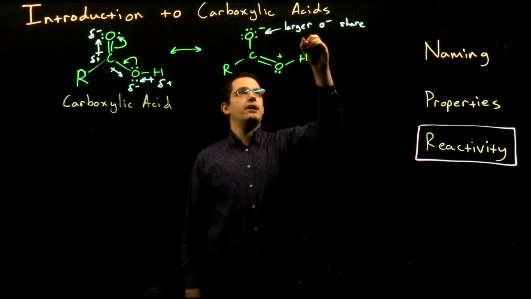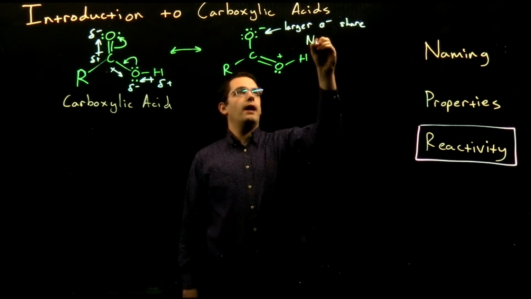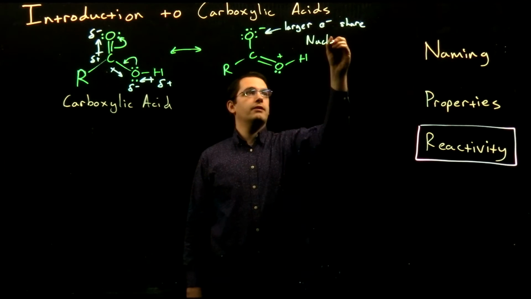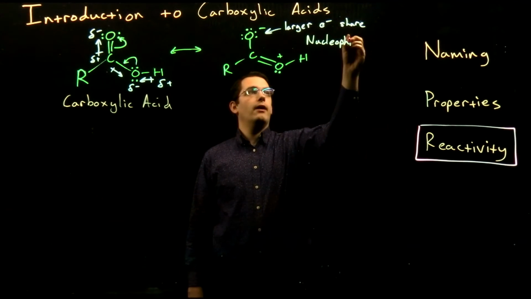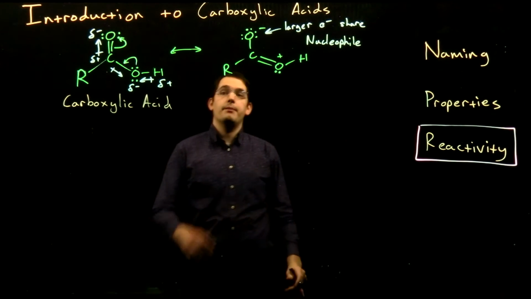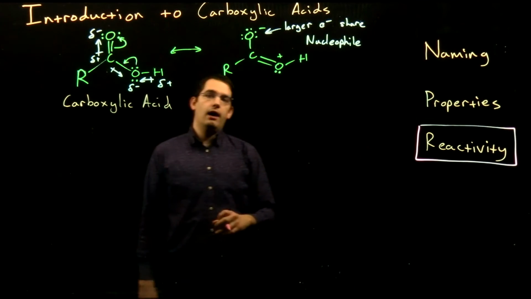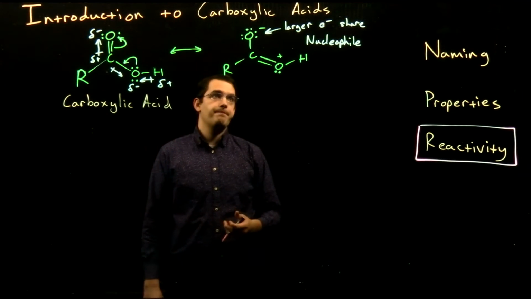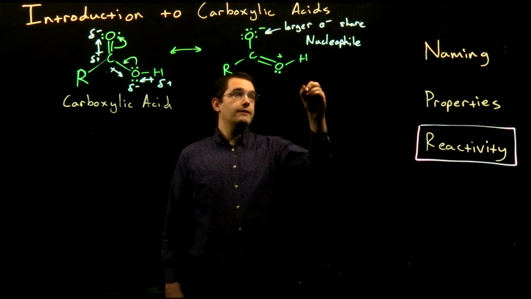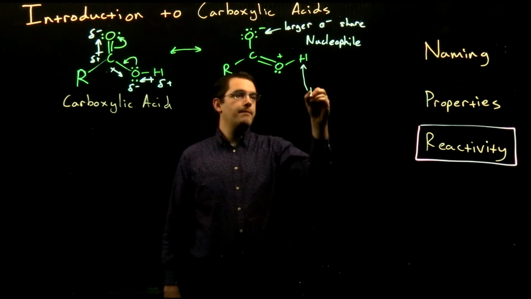A larger electron share, of course, also means that that oxygen is going to be a great nucleophile. So our carbonyl oxygen is the better nucleophile in this case compared to our hydroxy oxygen. The best electrophile here is going to be our hydrogen atom.